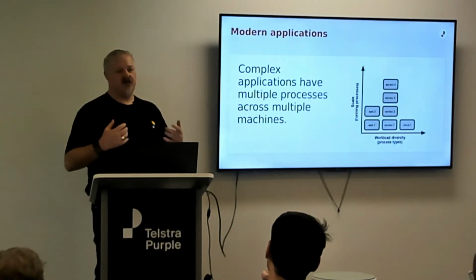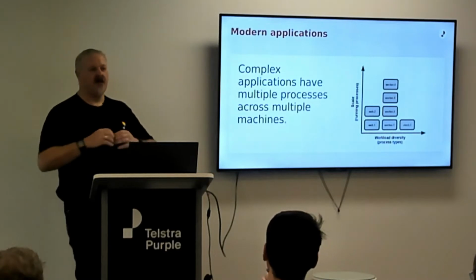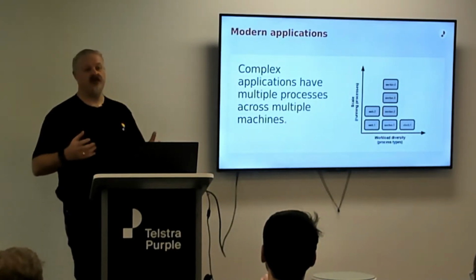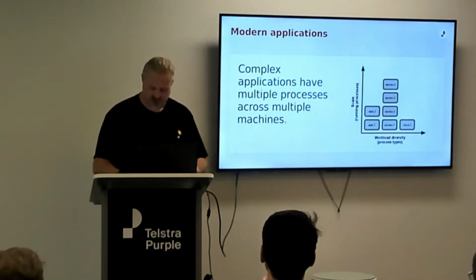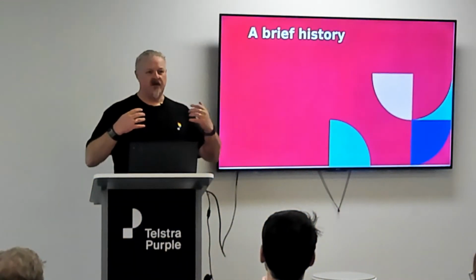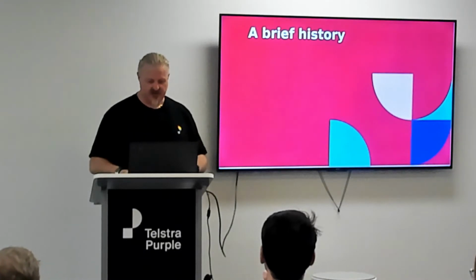To try and work out the path that a particular request has taken across a whole bunch of little individual components and get a meaningful picture is quite difficult. To do it, you need some sort of correlation identifier to trace that from end to end.